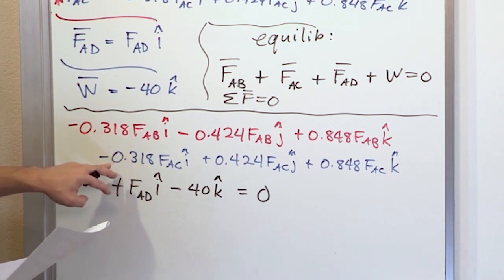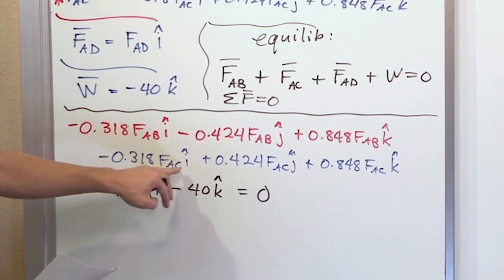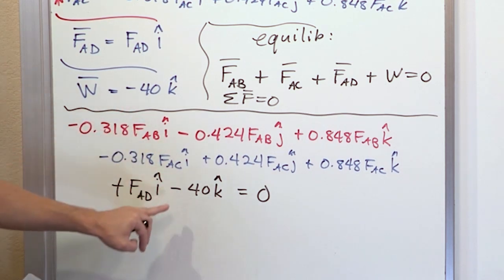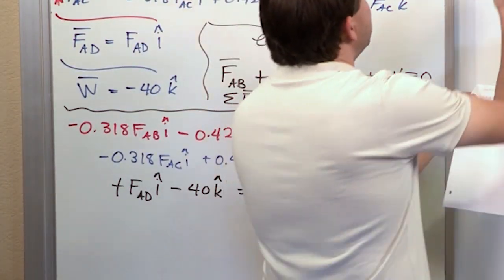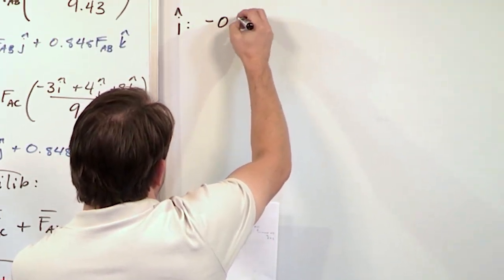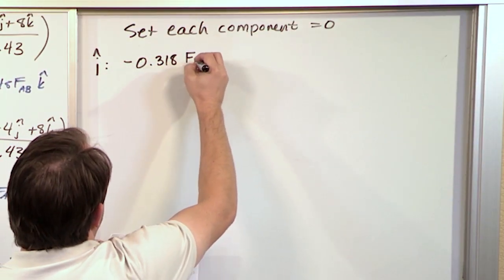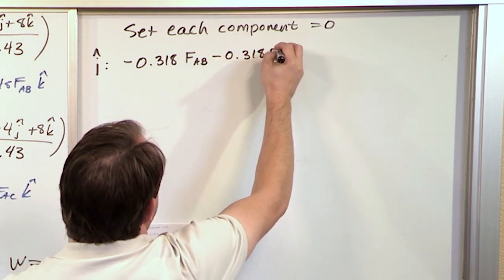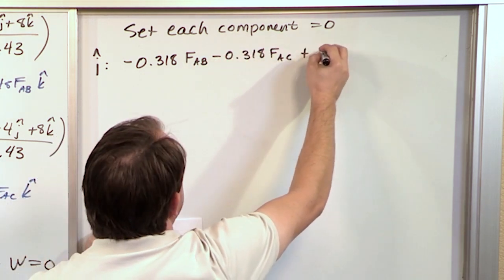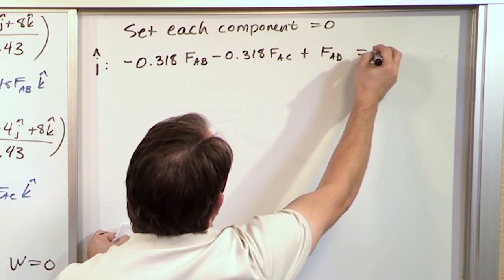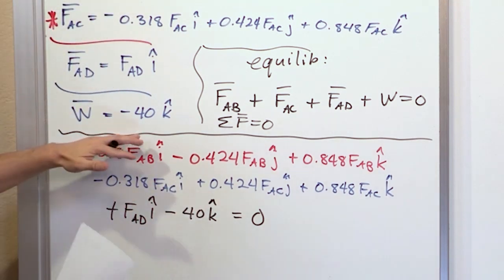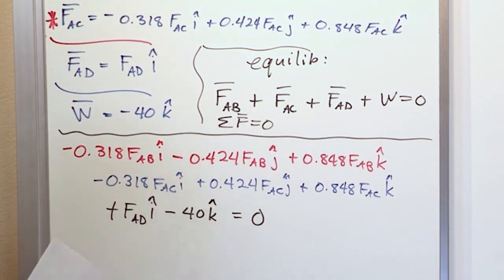And then we sum it with the other I component, negative 0.318 FAC, and then FAD is an I component. So we add all the I components together. What we have is negative 0.318 FAB minus 0.318 FAC plus FAD is equal to 0. So this is making sure that the I components, or the X components, of everything sum to 0.